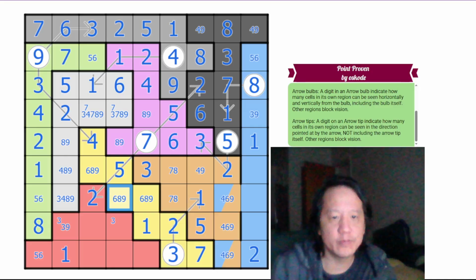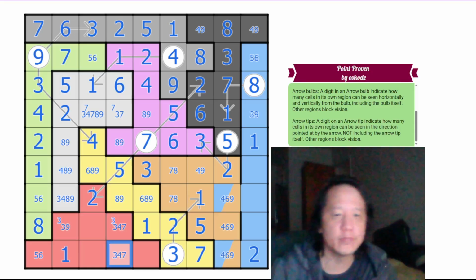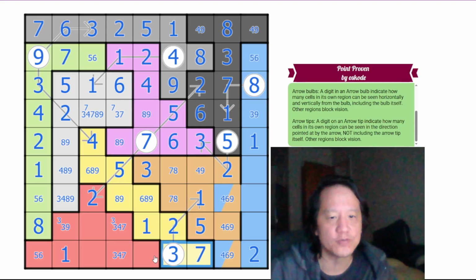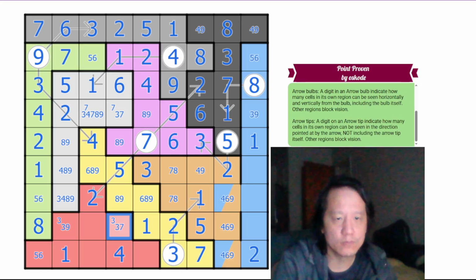Six cannot be here because of 6 in the column. This is an 8, 9 pair, which eliminates 8 and 9 in the rest of the column. So now we have 3, 4, and 7 remaining. This can't be 3 and 7 because of 3 or 7 in the row, so this is 4, which eliminates 4 here. That means this can't be 4 here.